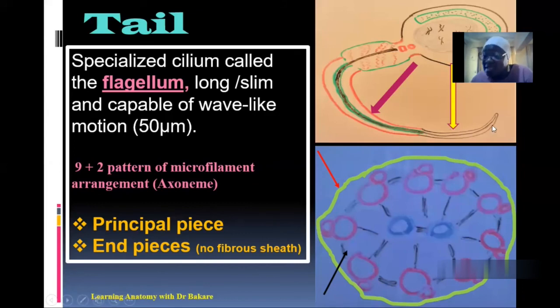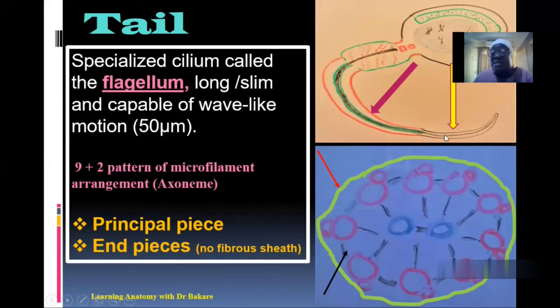When you go more distal, you also have a filamentous extension to the end piece, but this extension is not covered by fibrous sheets, and that is why the green coloration is not seen at the end piece region. The green coloration represents the fibrous sheet, so it does not extend to the terminal part of the tail, which is called the end piece.